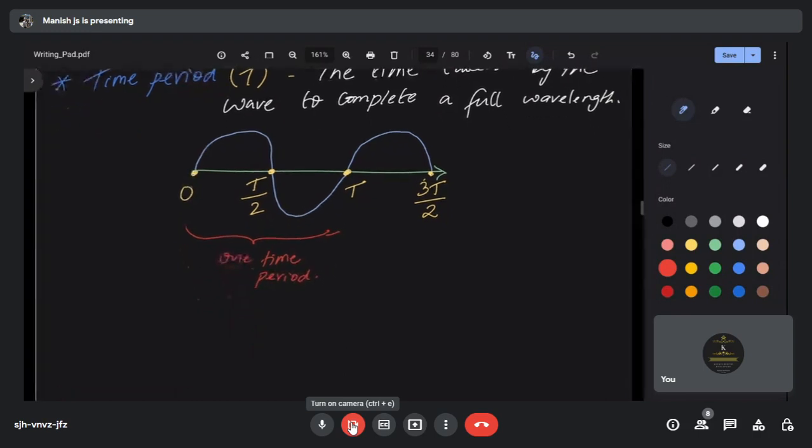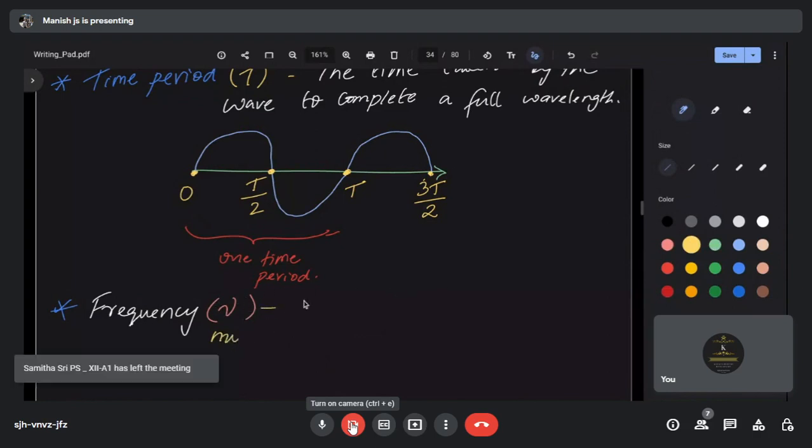Okay, so that's about the time period. அடுத்த term பாத்தீங்கன்னா frequency. Frequency இது வந்து we represent using a Greek symbol called as nu. இது வந்து v கிடையாது, பார்க்கறதுக்கு v மாதிரி தான் இருக்கும், but this is called as nu. nu ன்னு சொல்லி pronounce பண்ணுவோம், nu. It is a Greek alphabet.